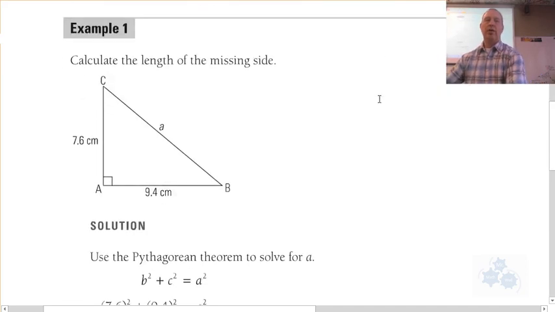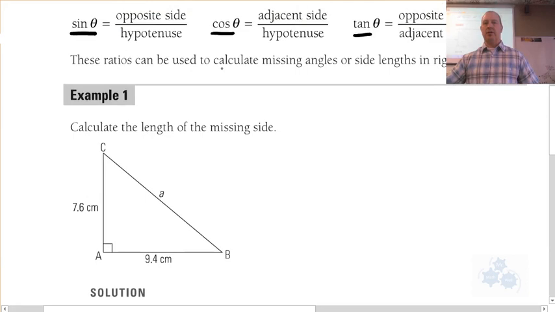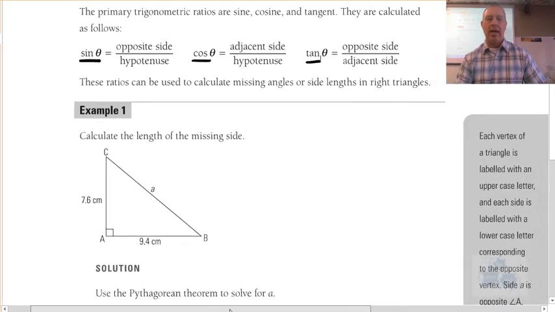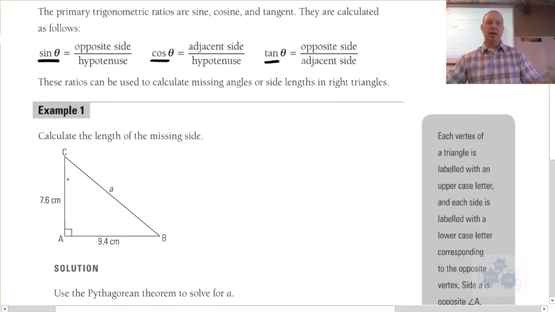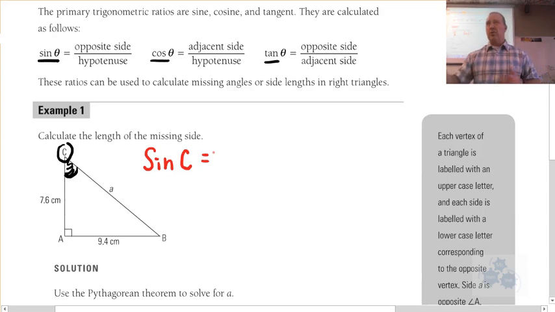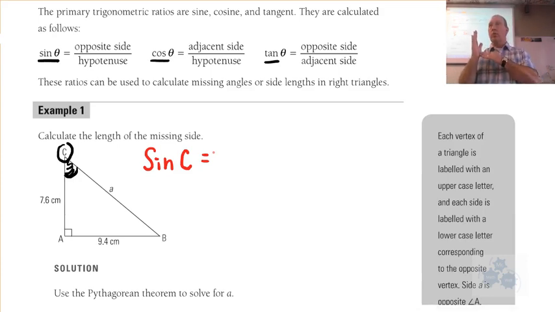So if we are looking at any of these angles, let's say, for example, angle C right here. According to angle C, there is a sine ratio for angle C. Again, this is a bit of review, so I'm not sure how much to go over right now, but this works for right triangles only.